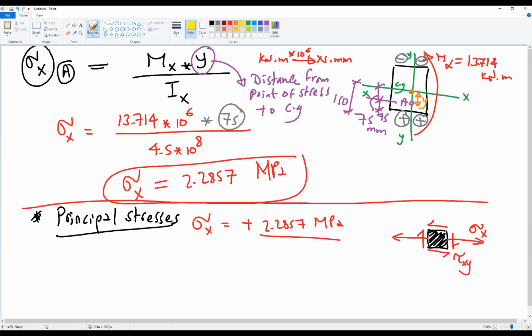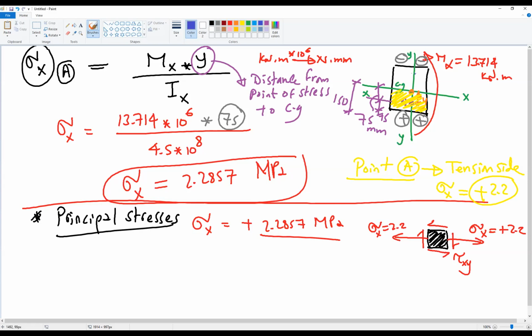Is A in the tension side or compression side? Point A is in the tension side, so sigma x at A is positive 2.2857. So when finding the stresses, sigma x is tension, positive, not negative.